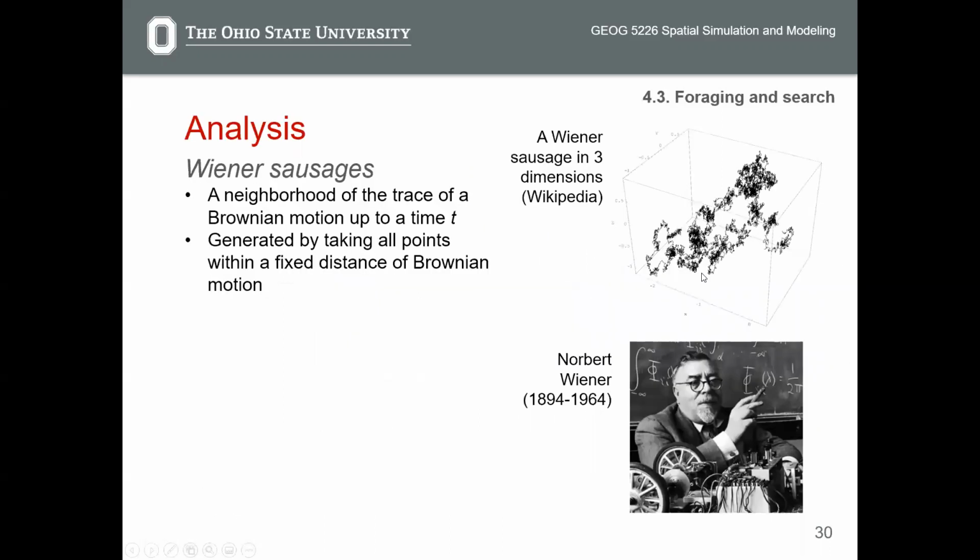Okay. And Wiener sausages, or Manhattan sausages. It was proposed by Norbert Wiener: a neighborhood of the trace of a Brownian motion up to a time t, generated by taking all points within a fixed distance of the Brownian motion. So here we have a new term, Brownian motion.